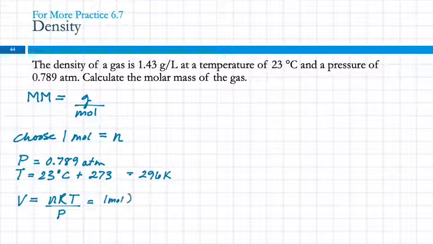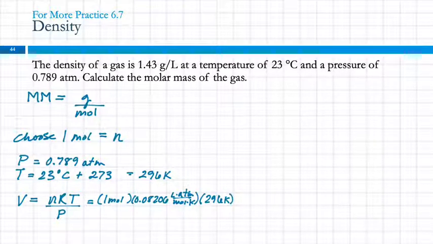One mole, the ideal gas constant, the temperature, and the pressure, 0.789 atmospheres.